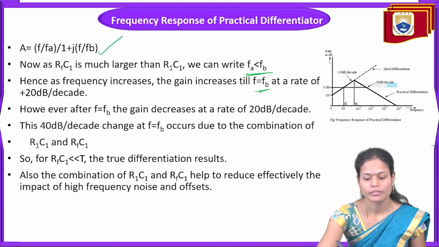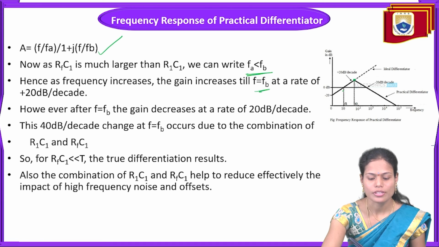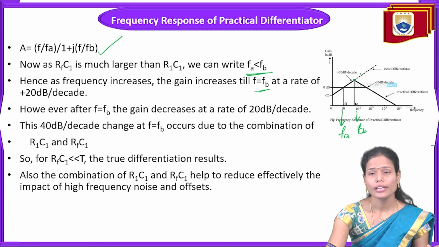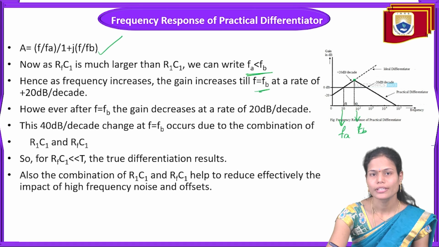I am taking this as FB and this as FA. So till F equal to FB, the gain is increasing at plus 20 dB per decade.